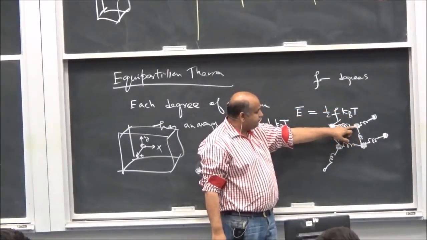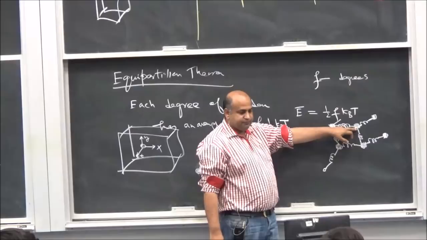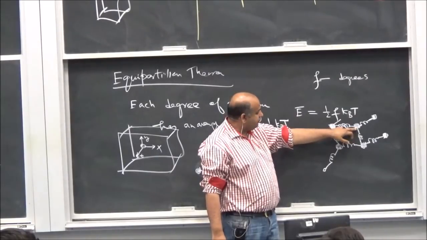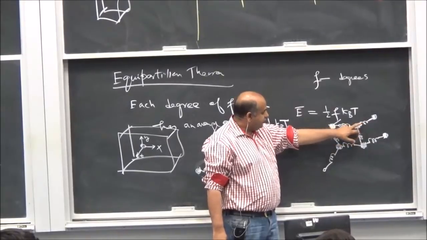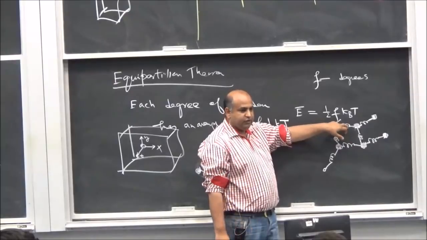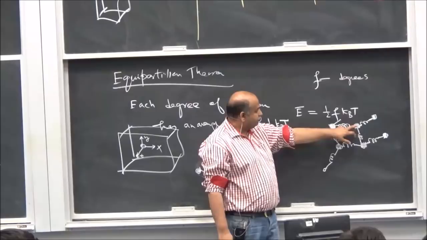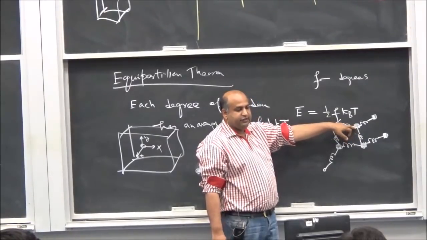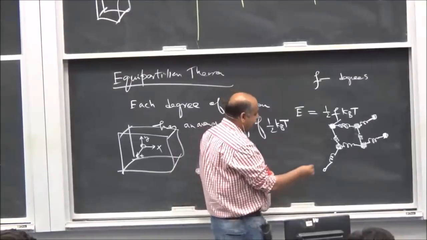So there are 3 degrees of freedom for 3 directions of motion of atoms, and then there are 3 degrees of freedom with each atom for storing potential energy in these springs. So 3 for storing potential energy along 3 axes, and 3 for storing kinetic energy due to motion of these atoms. So that's why f is equal to 6 for solid.